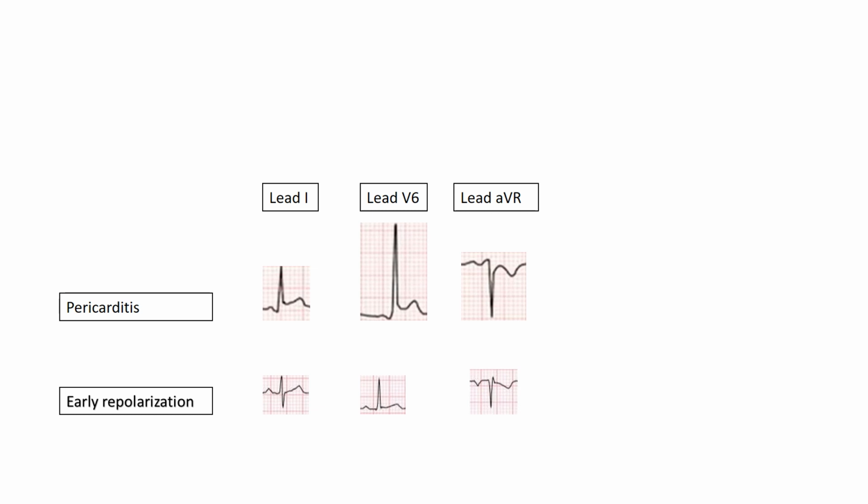As already discussed, you can see that in case of pericarditis, there is a PR segment depression as well as ST segment elevation in lead 1 and lead V6, whereas the changes are reversed in lead AVR. Whereas in early repolarization, there is ST segment elevation in lead V6, no ST segment elevation in lead 1, as well as there are no particular changes in lead AVR.